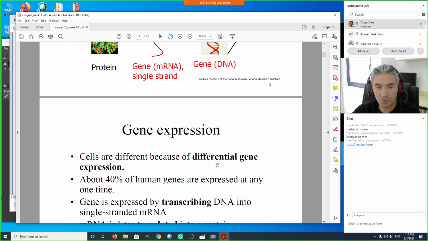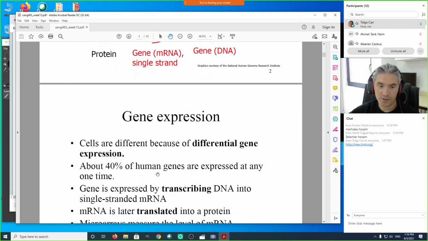inside a multicellular organism. Even in single-cellular organisms, there is differential gene expression, even in E. coli, because based on different environmental conditions, it will require certain proteins to be made. So this dynamics is differential gene expression.